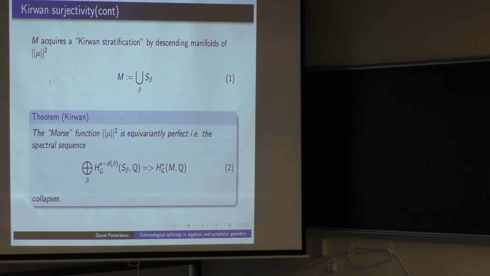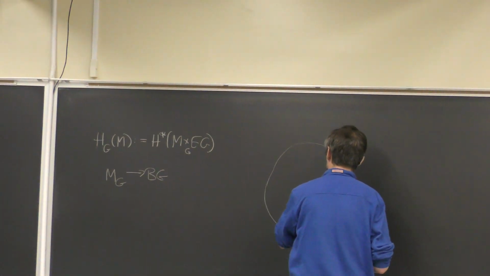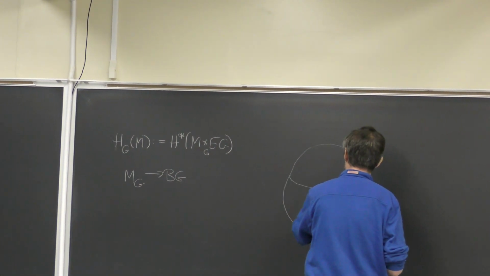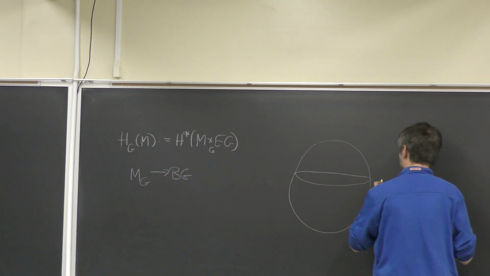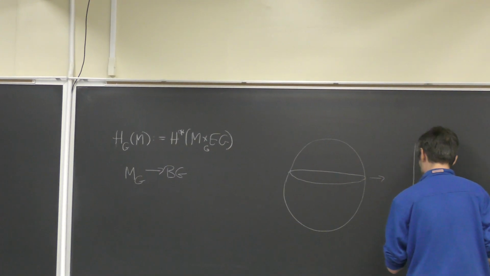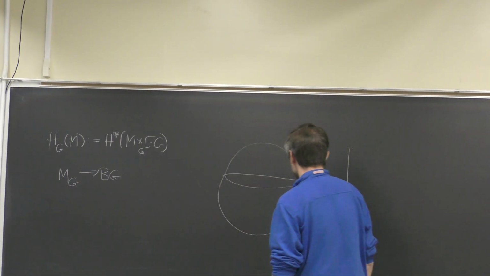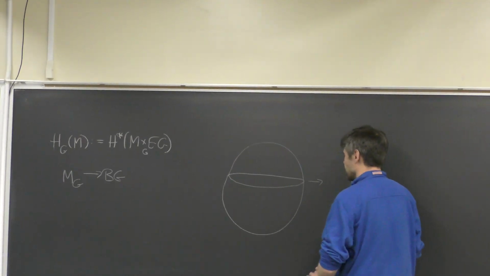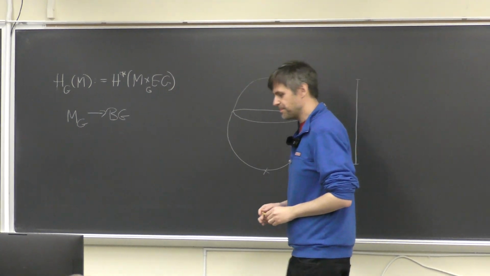So what's the mechanism? If you do this, what's the mystery here? Well, you have to somehow use equivariance. Let's say you're looking at a very simple example, just P1 or S2 with its standard moment function, and you're looking at mu squared, so you would have three critical sets.